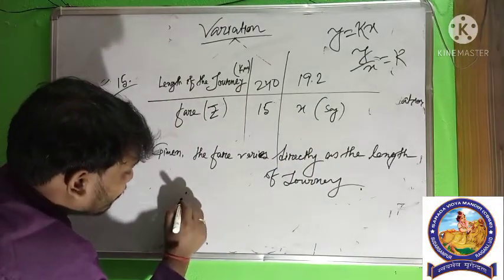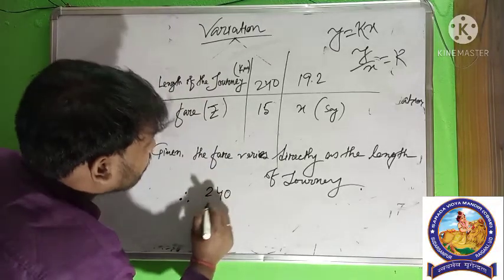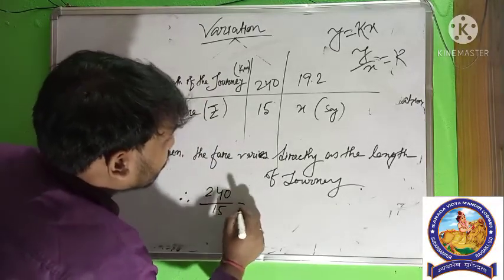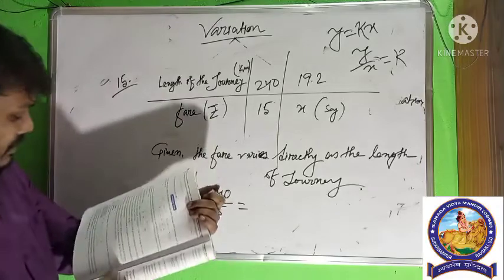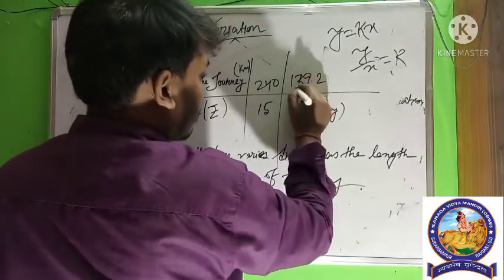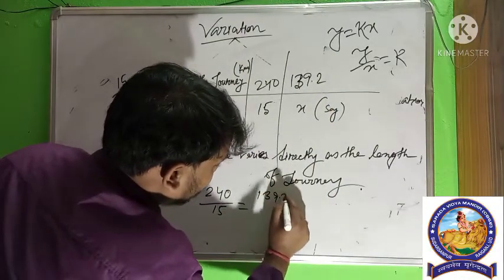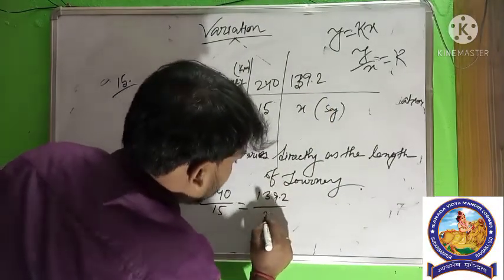Therefore, ratios are equal. So first ratio 240 by 15 equals 139.2 divided by x.